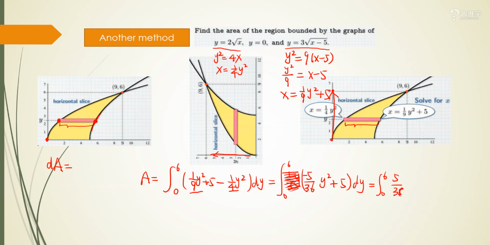Factor out 5/36. It's going to be the integral of 36 minus y squared dy, and we can always take this constant outside the integral.